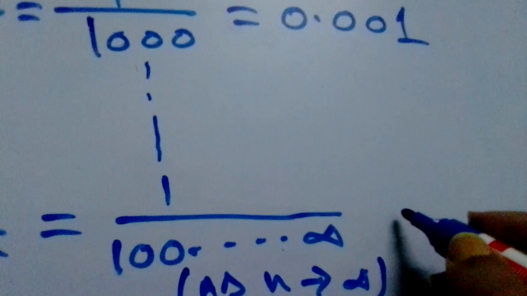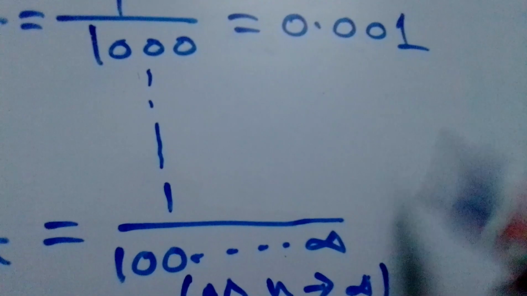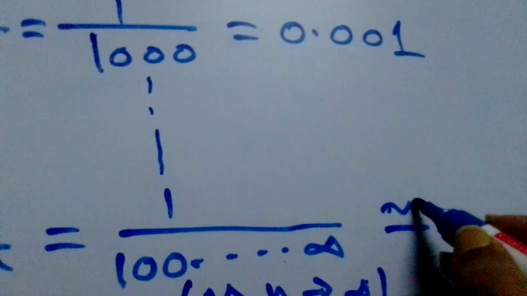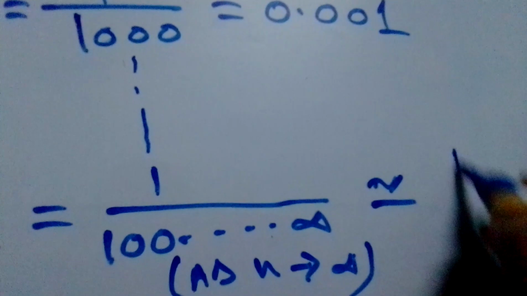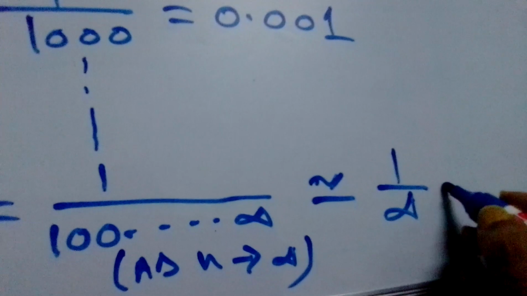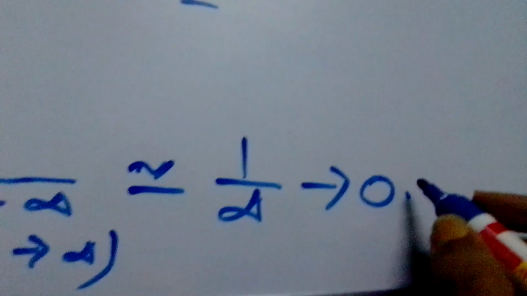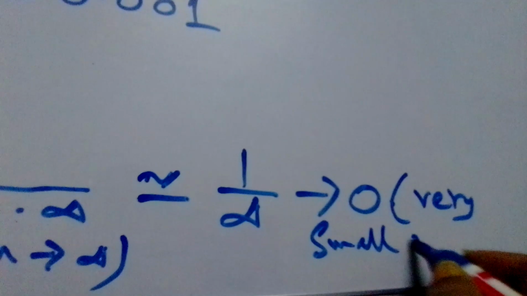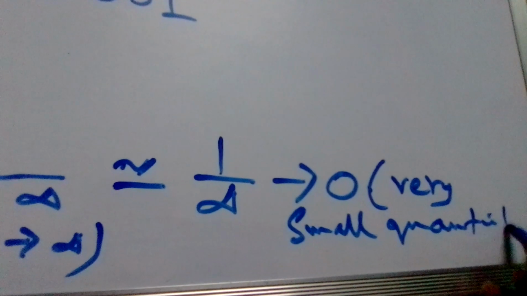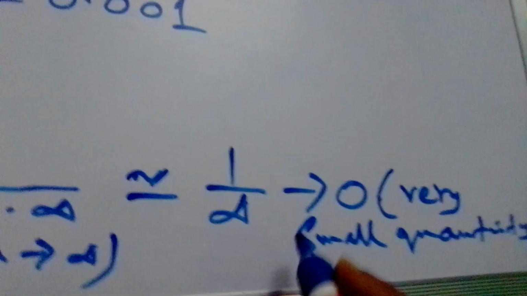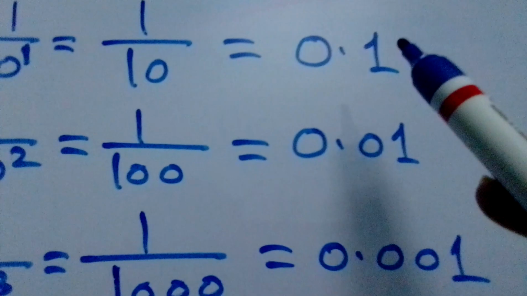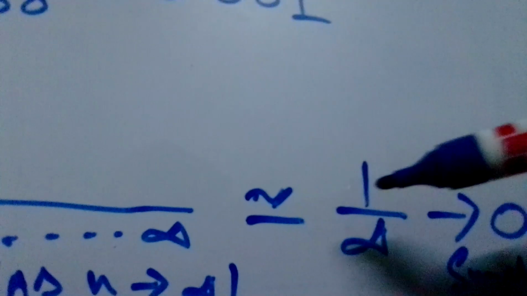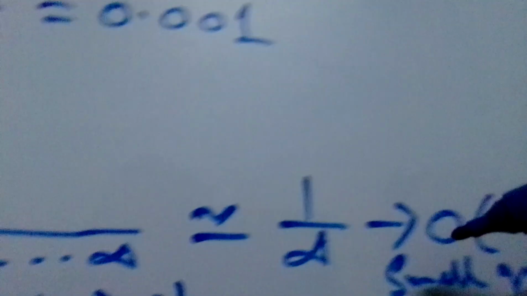And here also the decimal element is a very small quantity, and that will be neglected, that will go to 1 by infinity, and that will tend to 0 as a very small quantity. So it is a way of division, and in this way we can say that 1 by infinity tends to 0.